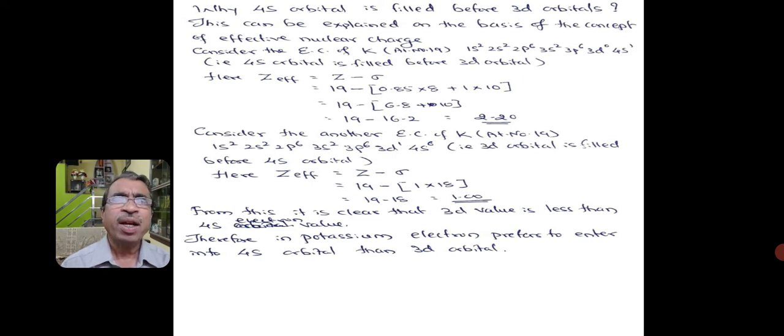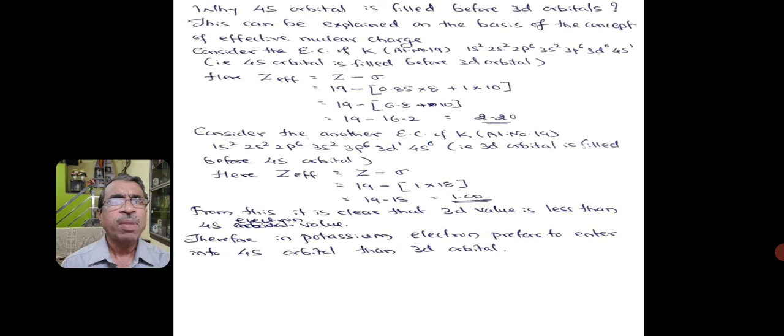Totally there are 18 inner electrons, so that should be multiplied by 1. So it will be 19 minus 18, equal to 1. From this it is clear that the 3d value is less than the 4s electron value.